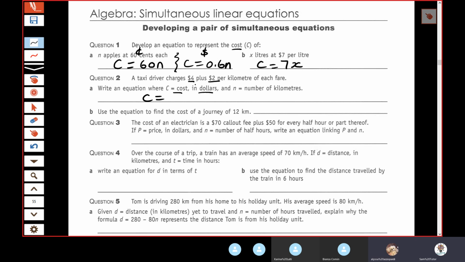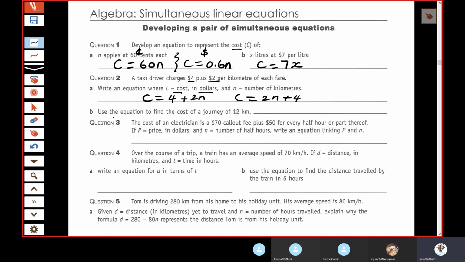Does it start with 4? Sure. Plus 2n? Good job. You could have also said 2n plus 4. That's fine as well, it doesn't really matter. So, Bianca, you get that? That's your variable. $2 per kilometer, so $2 times each kilometer plus an extra $4.